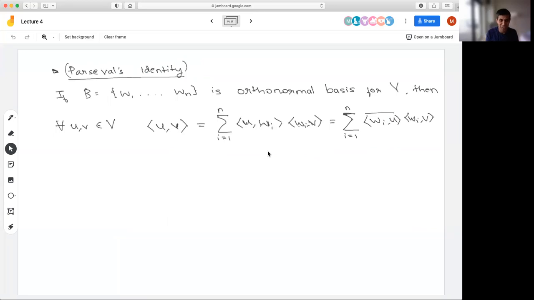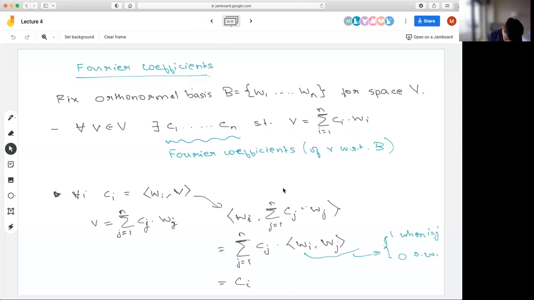Let's just check. Maybe let me write something on the previous page. Because the coefficient is this, it just means that for every vector, you can write it in this unique way.